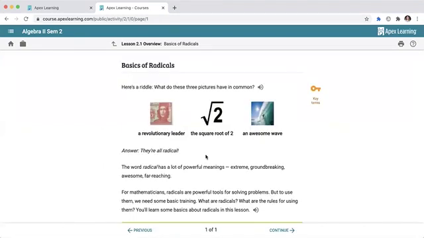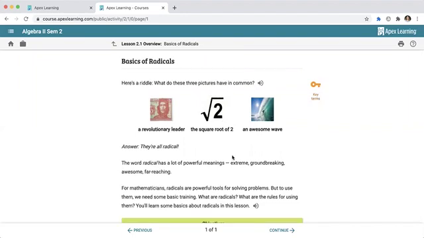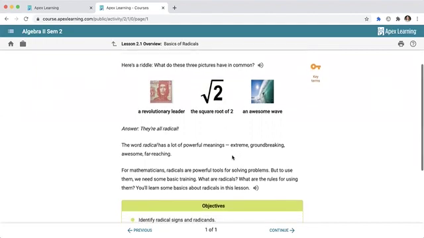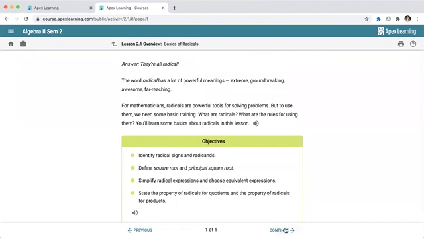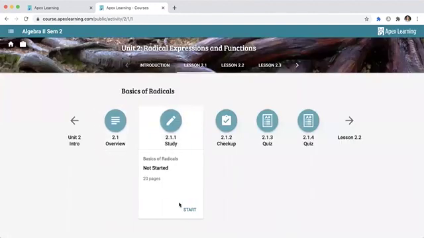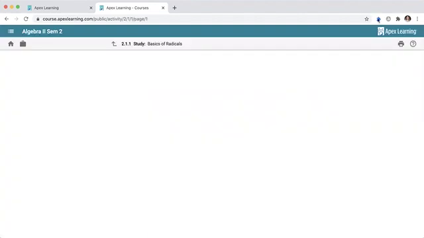If you're confused about what we're talking about with radicals, we're talking about the square root function, or this root function in general. We'll define what that means, and then we'll look at this in this first unit, starting with the basics of radicals here.